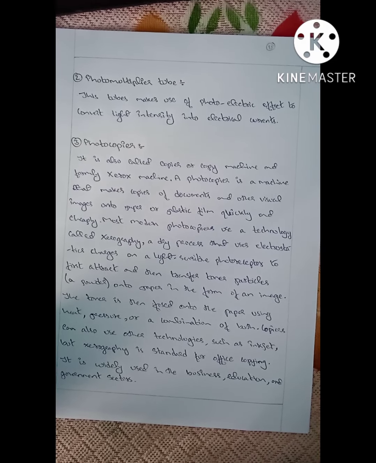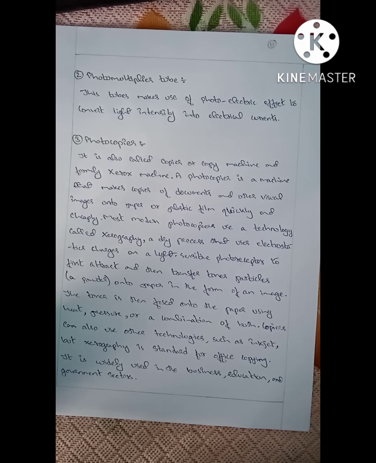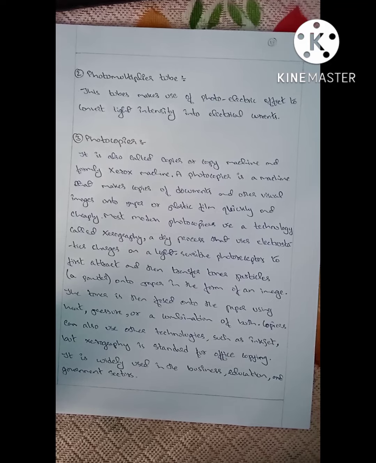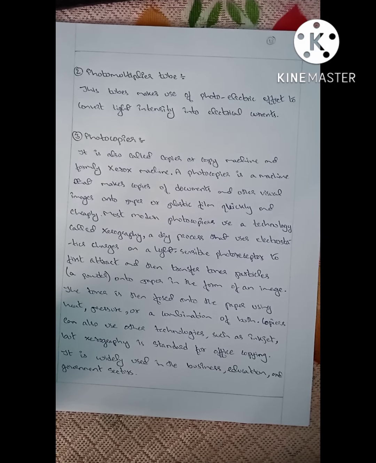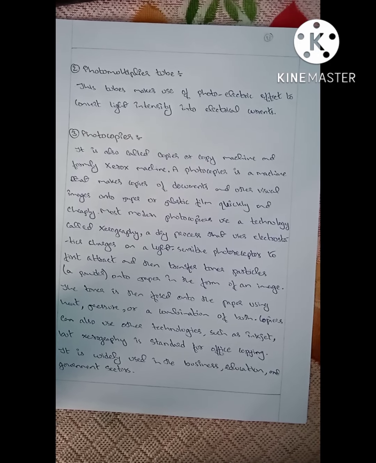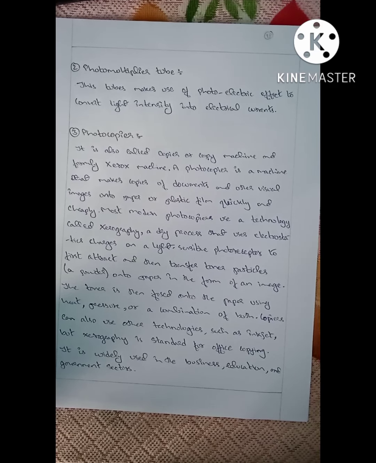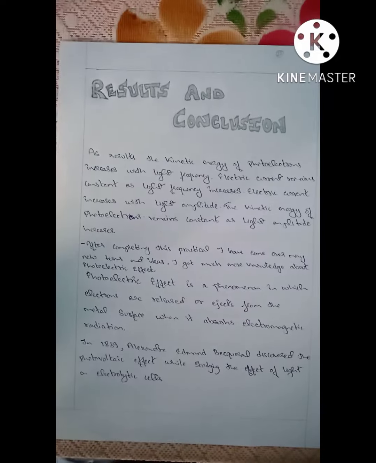The toner is then fused onto the paper using heat, pressure, or a combination of both. Copiers can also use other technologies such as inkjet, but xerography is standard for office copying. It is widely used in the business, education, and government sectors.